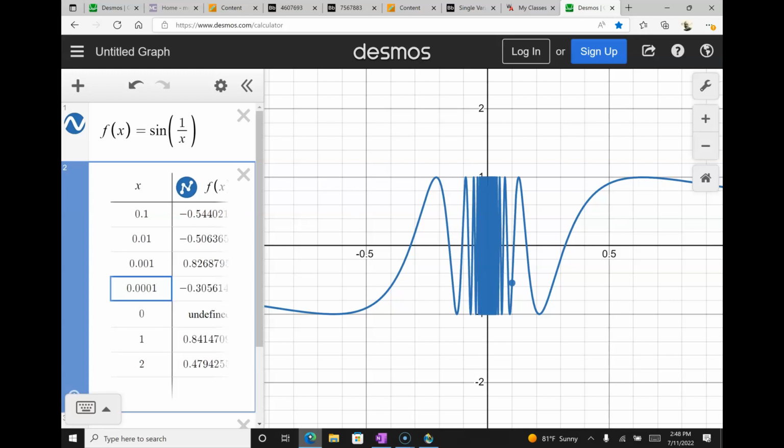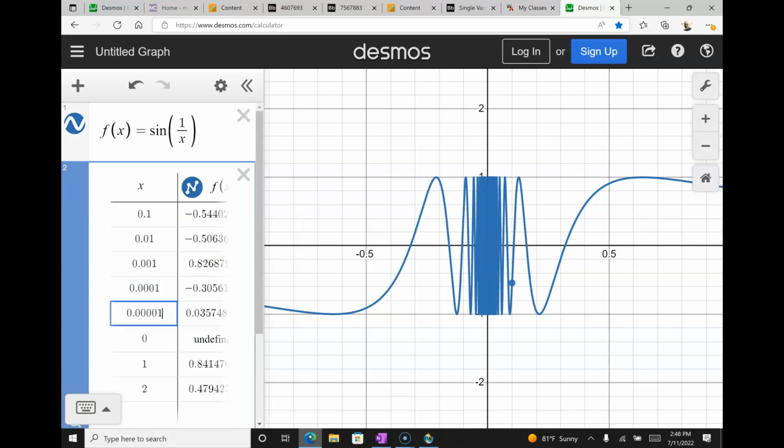You can tell it's bouncing between positives and negatives. 0.00001. You with me? You can see it's not going anywhere. There's no clear way to guess at this one. I'm way past gas station money, and there's no clear answer, no limit.